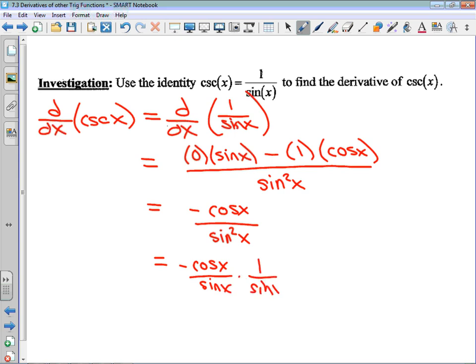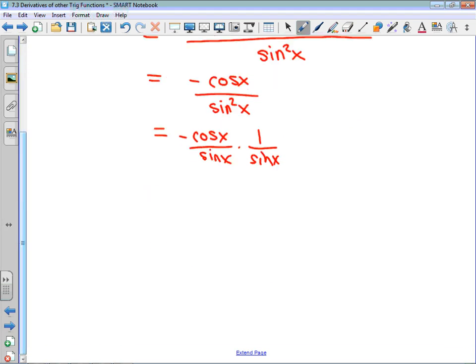The benefit is that I can represent that as two different trig ratios. Negative cos over sine is cotangent, so this is negative cotangent x times cosecant x. So the derivative with respect to x of cosecant x is negative cotangent x cosecant x.